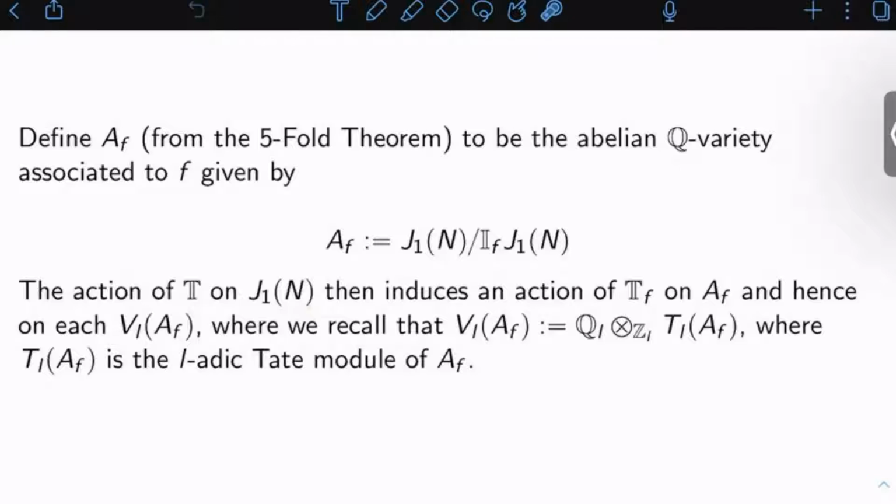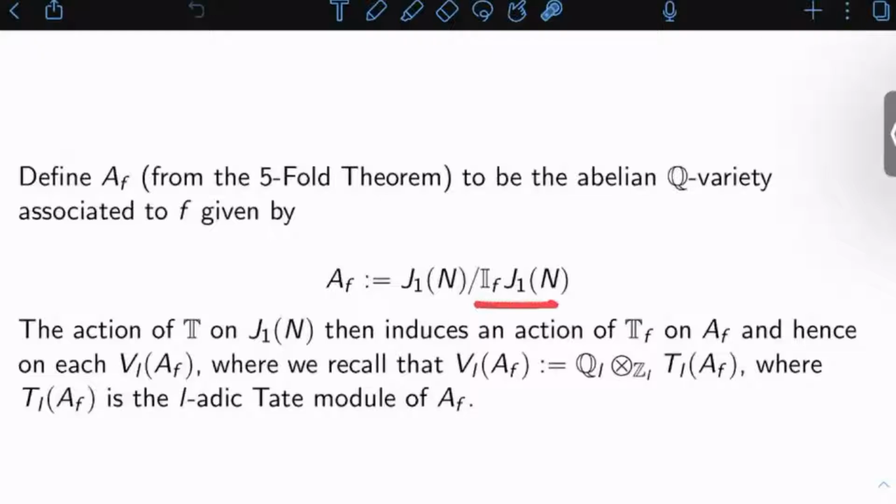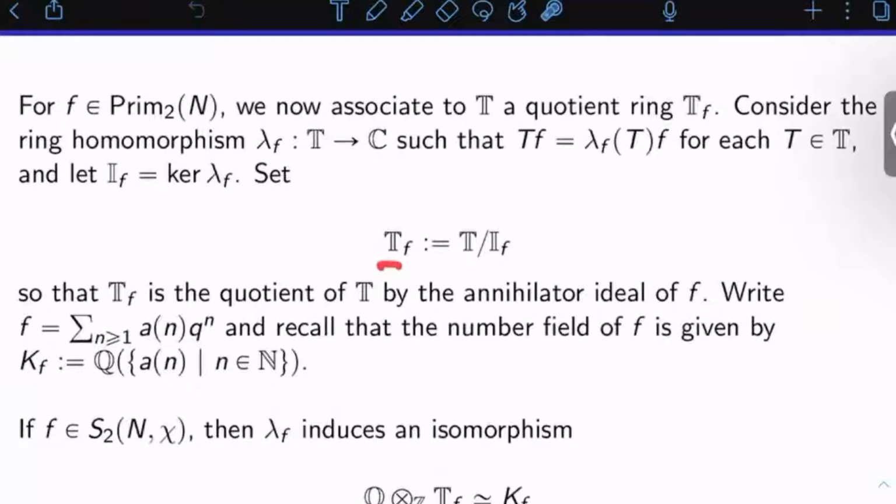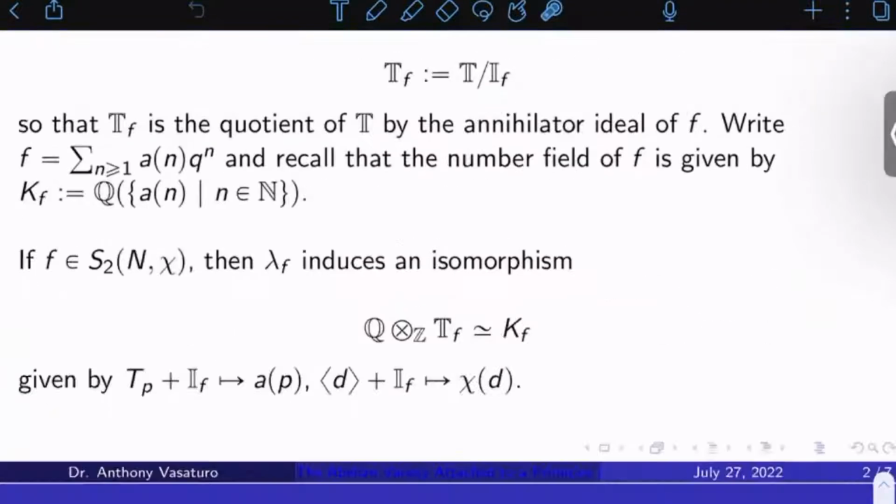Now that action will induce an action of T_f on A_f, right? So you have an action up top by T on J_1(N). Once you mod out by I_f, by definition, you're going to get an action of T_f on A_f, because in the definition of A_f we're modding out by I_f, and in the definition of T_f we're also modding out by I_f.